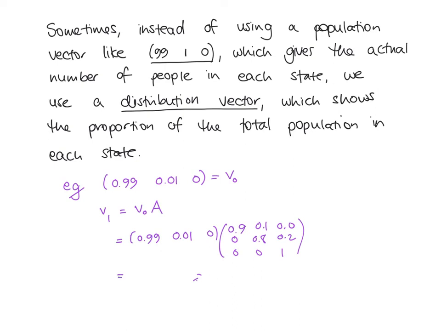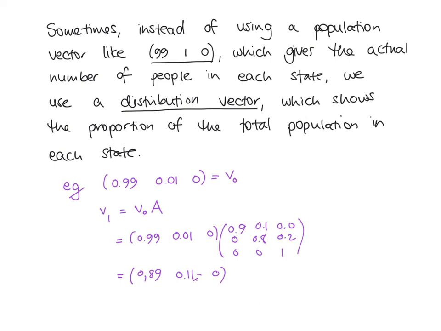And if you plug that into your calculator, then what you'll find is that you end up with another distribution vector, which will give you that 89% of the population are susceptible, 11% of the population are infected, and none of them have recovered yet.